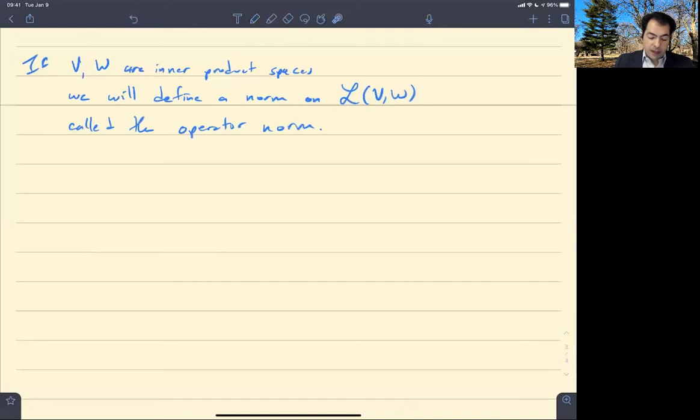Okay, so our main subject of interest are inner product spaces. But when we're studying inner product spaces, we also want to understand the linear maps between inner product spaces. And to talk about the size of a map between these spaces, we will introduce an operator norm, something that doesn't come from an inner product. And that's why we're talking about norms.